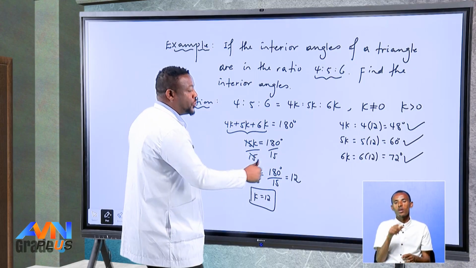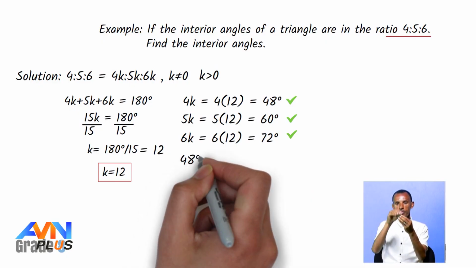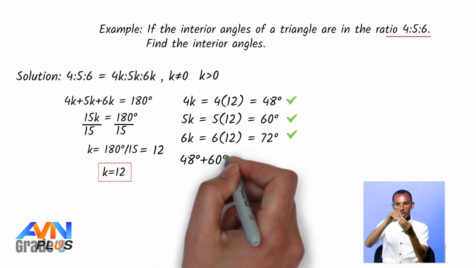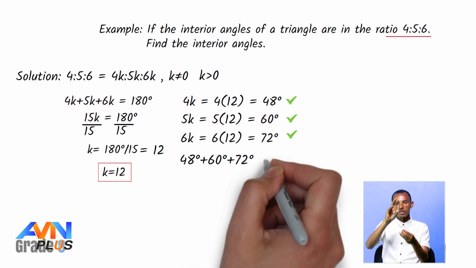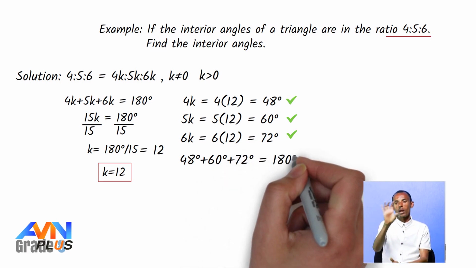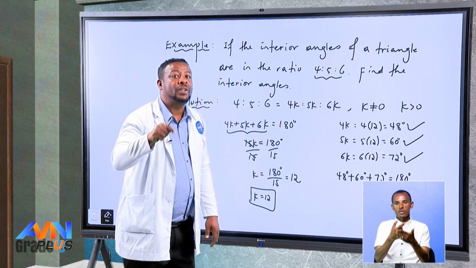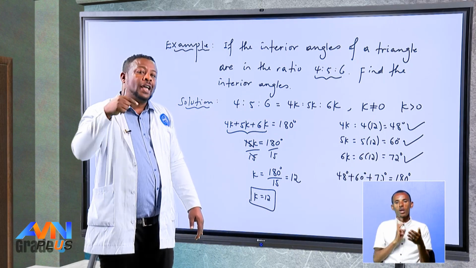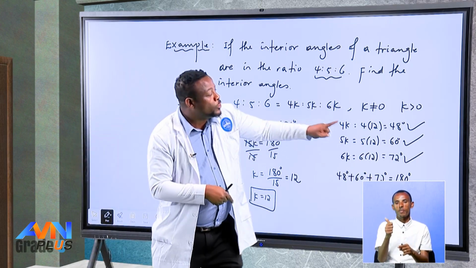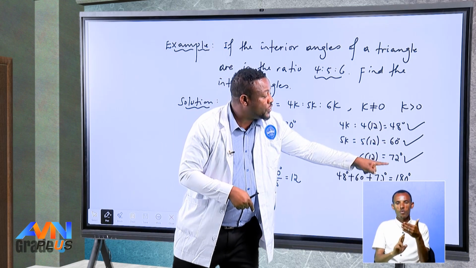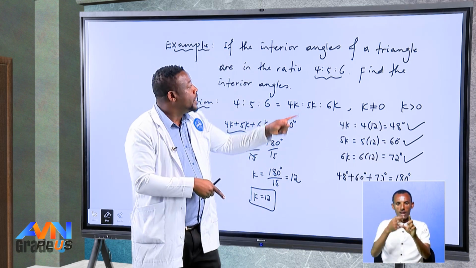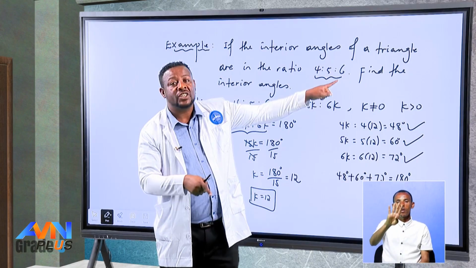So you need to check that 48 degrees plus 60 degrees plus 72 degrees is 180 degrees, right? This is one of the things that you need to check. The other thing is that the ratio of these three angles must be 4, 5, 6.